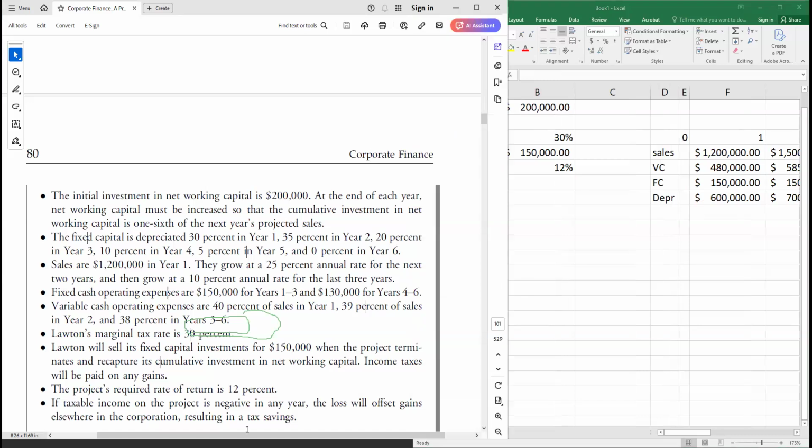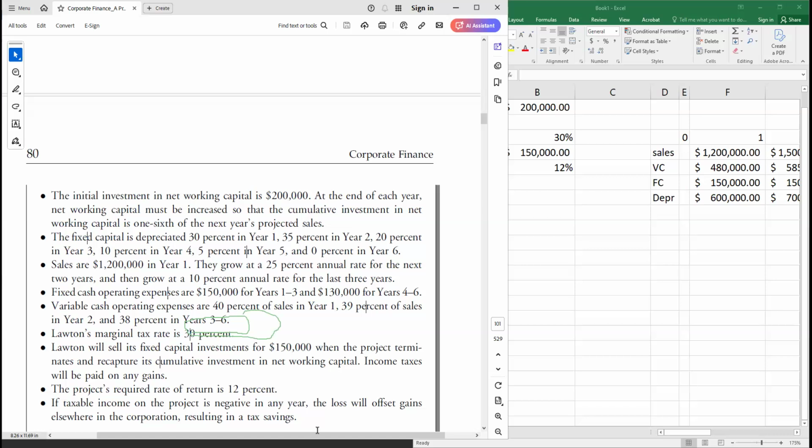If taxable income on the project is negative in any year, the loss will offset the gains elsewhere in the corporation, resulting in a tax saving. So if there's a loss initially, you assume there is no tax payment, but it will be offset as a tax saving. That should go as a plus when you calculate the terminal value.